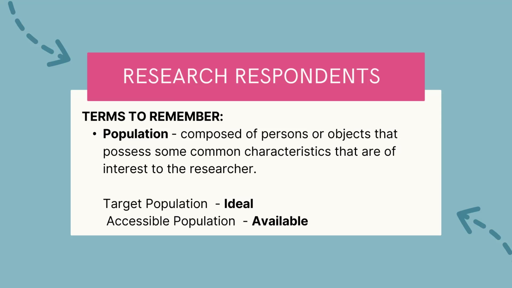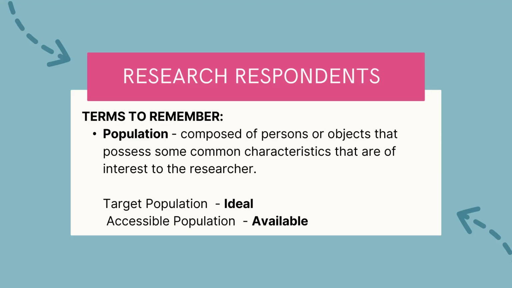So they possess common characteristics in which they are all grade 11 students. And of course, you would like to study their study habits and their academic performance if there is a significant relationship among those variables.